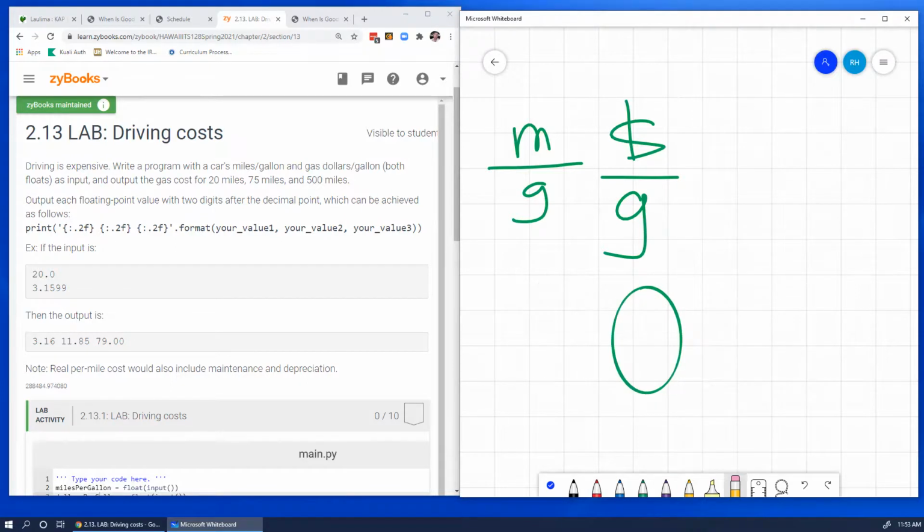So dollars per gallon, let me erase this. How do I get rid of this thing again? Delete.